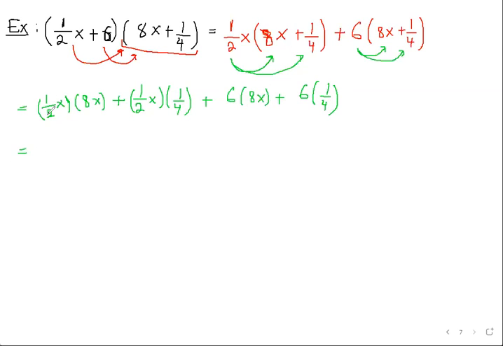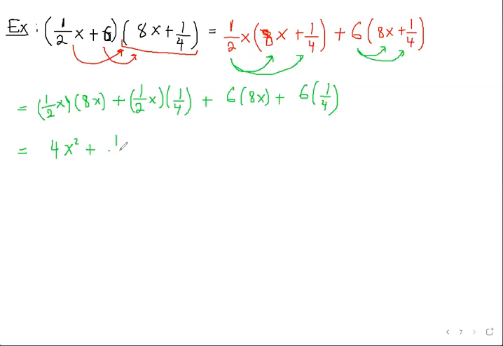So what do I get? 1 over 2x times 8x is 4x squared. x times x is x squared. 1 over 2 times 8 is 4. Plus 1 over 2x times 1 over 4. So we're multiplying two fractions as we learned in last class.